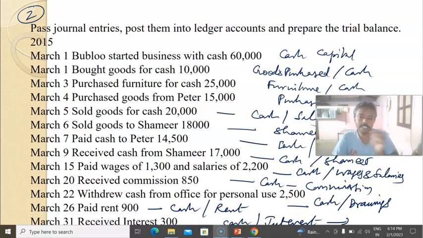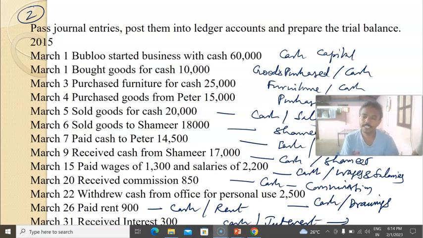This furniture purchased account you need not convert to purchases account. Only goods purchased account can be treated as purchases, and goods sold account can be treated as sales, whereas furniture purchased account can be treated as furniture account. That's it. So furniture account debited, rupees 25,000, to cash account, 25,000. Being furniture purchased for cash.